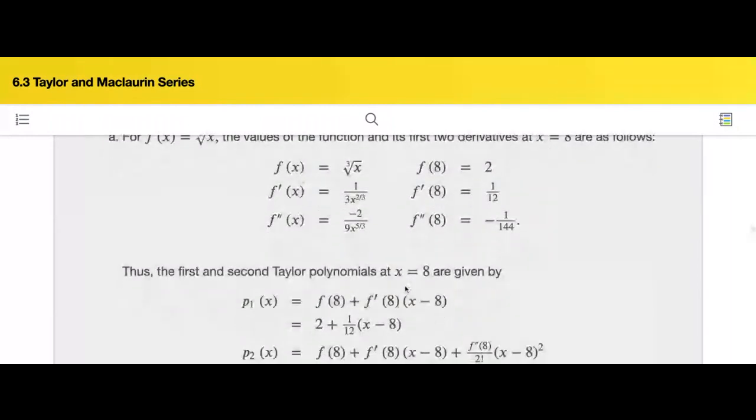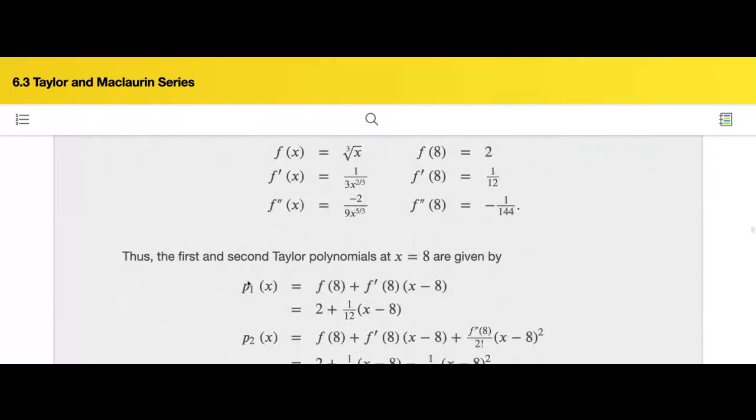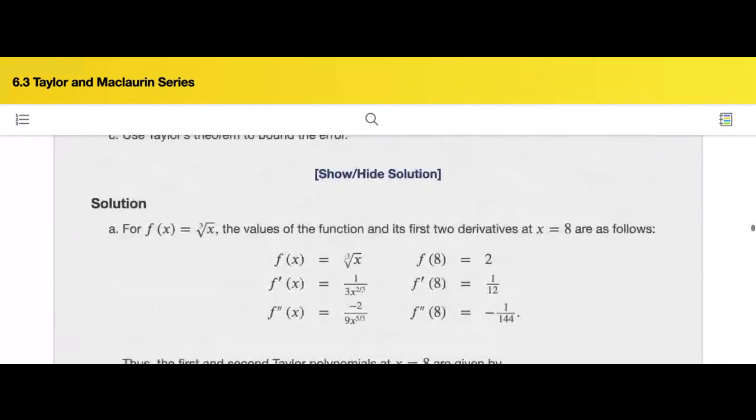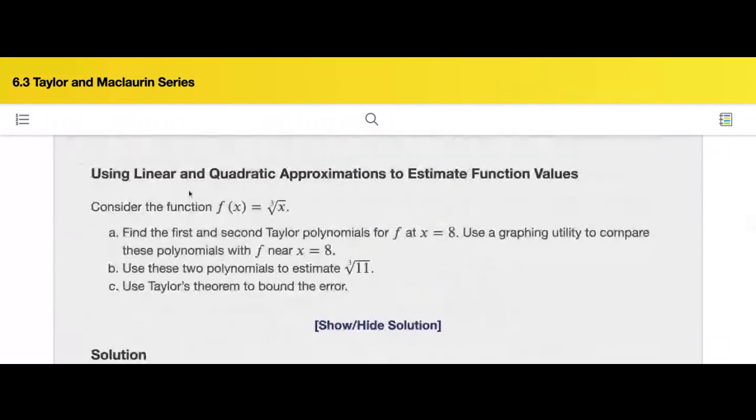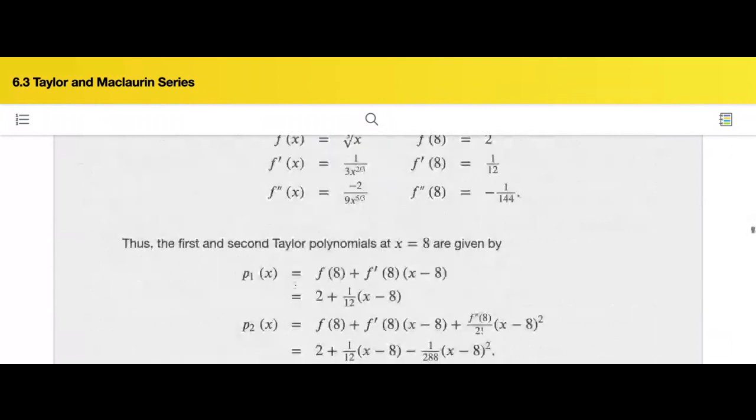Then we use the definition of Taylor polynomial. So P1 of x, linear, meaning first order, equals the function value at a, which is 2, plus the derivative at a multiplied by x minus 8, which is 1 over 12 times x minus 8. We see this is a linear function, so that's why it's called a linear approximation.